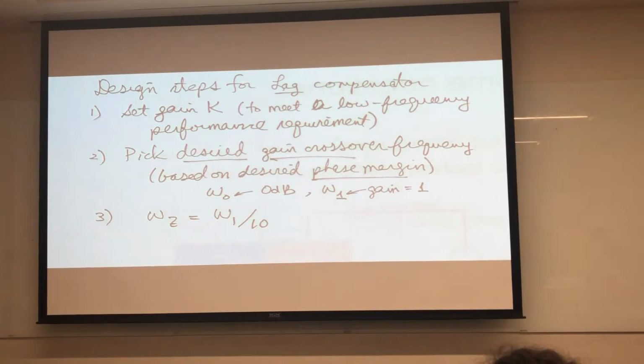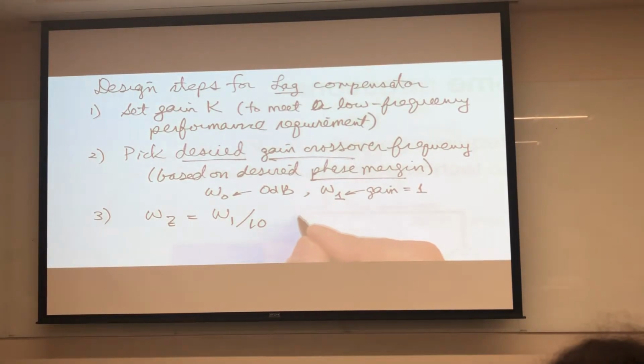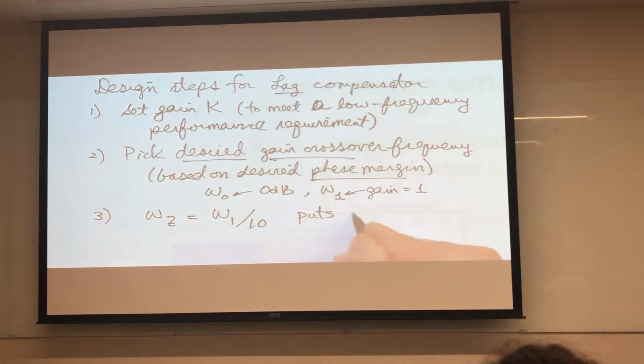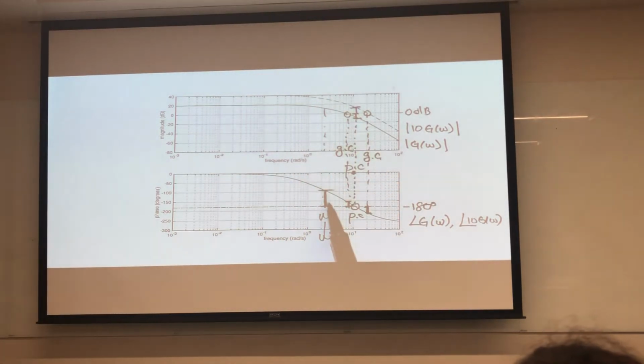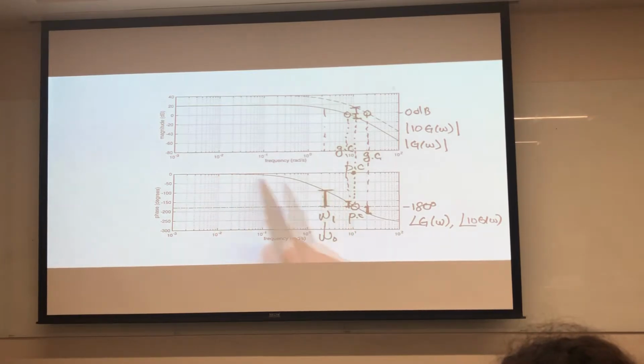Basically what this does, it puts the lag far away from omega 1 or omega 0, the gain crossover frequency. I want this gain crossover to be somewhere around here so that I get the desired margin. But when I introduce the phase lag, it's going to reshape the curve.